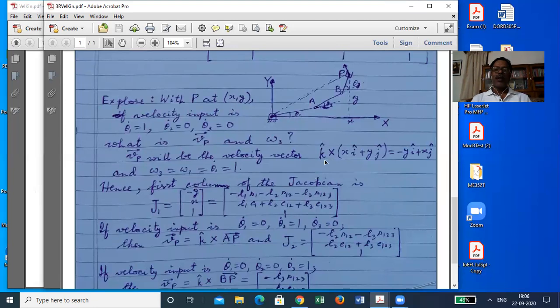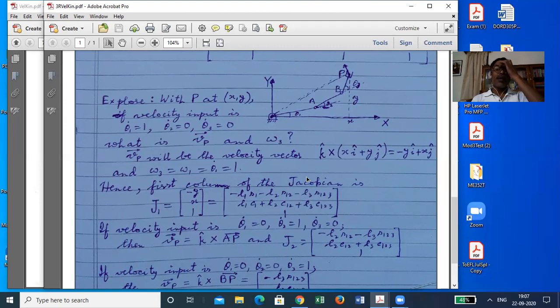And when you do that, the i component will be k cross j, which is minus i. So minus y i plus x j. K cross i is plus j. So that is this. Minus y plus x. These are the two components. And so minus y here and plus x here.